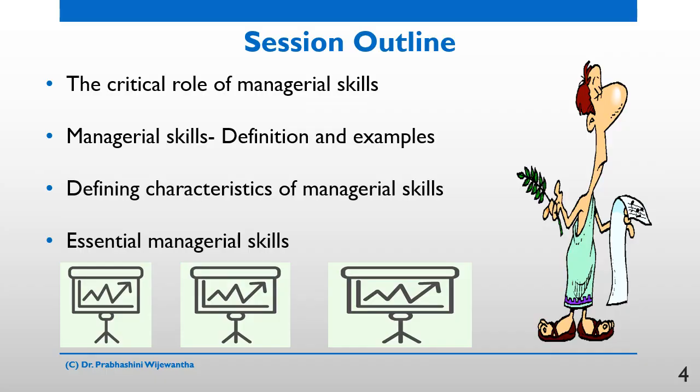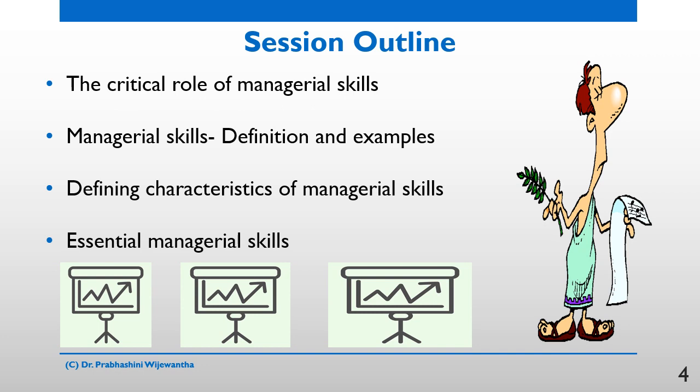So with that, we'll move on to what we are planning to cover in this session. So this is the session outline. We will begin by discussing what managerial skills are. Then I will explain the definition of managerial skills and further elaborate that definition using a few examples.